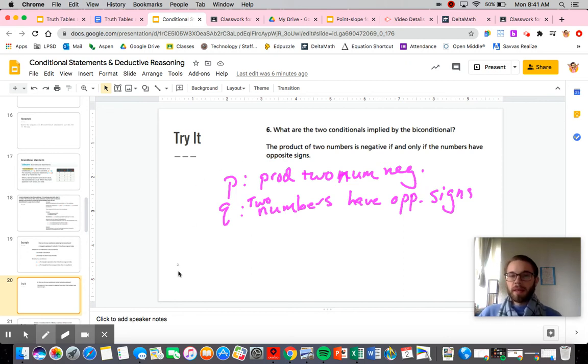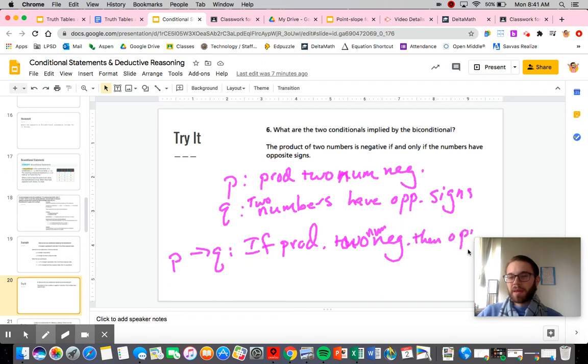If you were to write the two conditionals, P implies Q: if the product of two numbers is negative, then the numbers have opposite signs. I'll let you think about whether or not that is true or false.